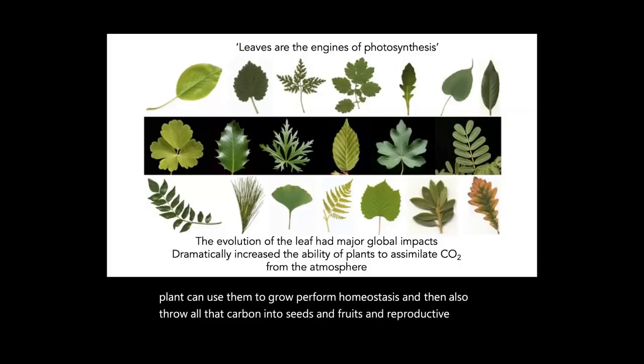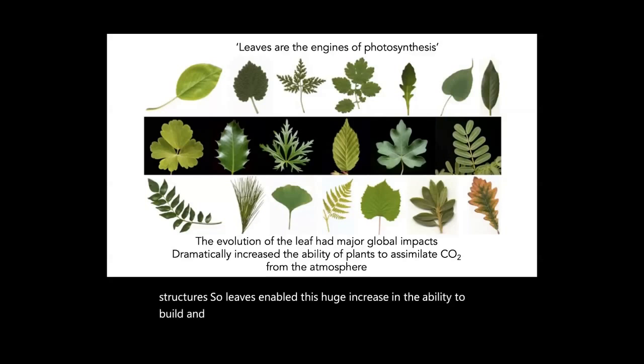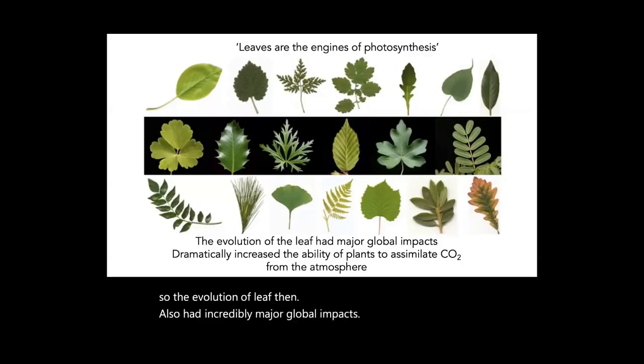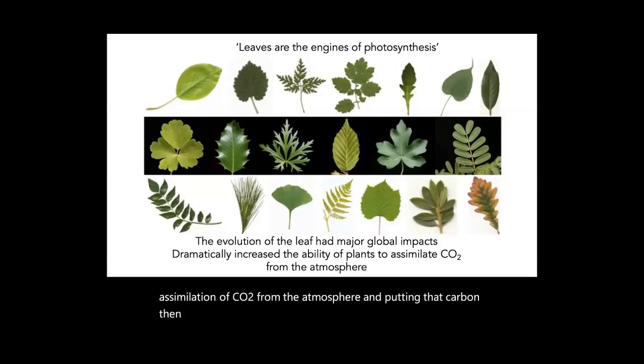So leaves enabled this huge increase in the ability to build and grow and to do plant metabolism and to do work, okay? And so the evolution of the leaf also had incredibly major global impacts, because if you remember, photosynthesis involves assimilation of CO2 from the atmosphere and putting that carbon into the plant body.